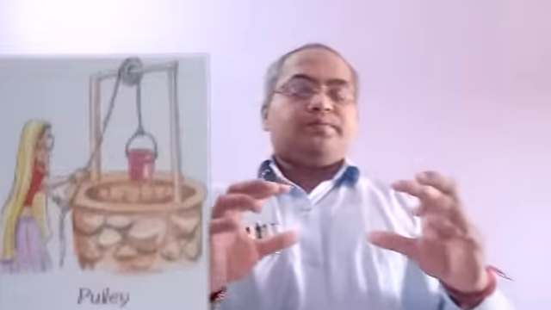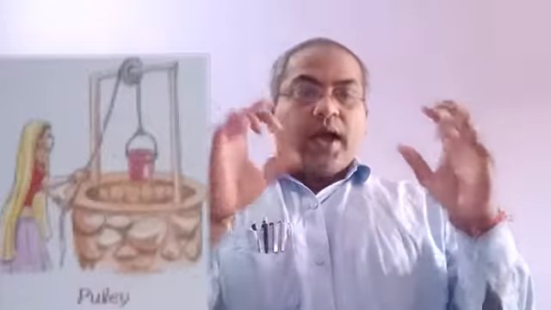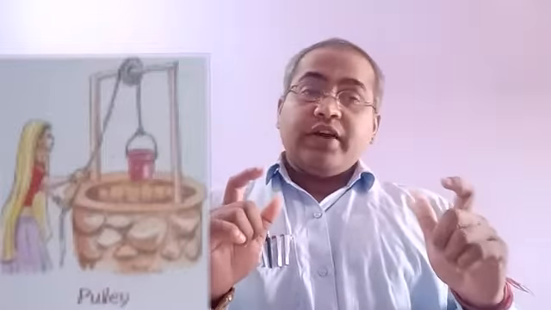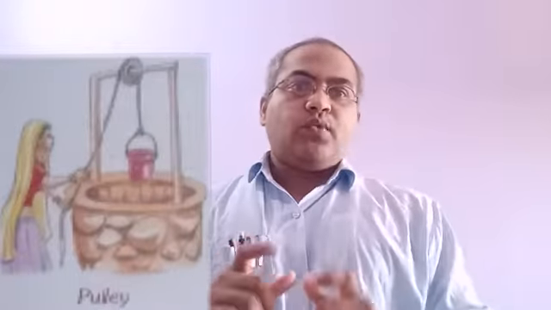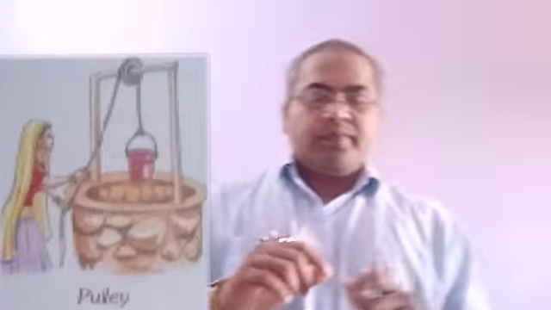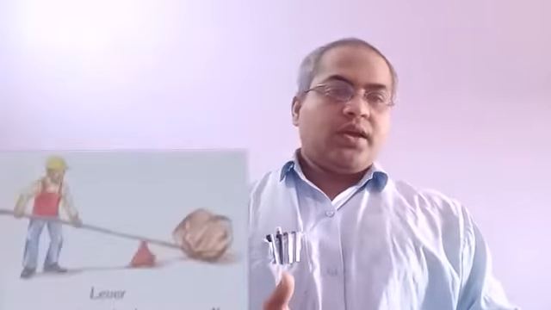Next comes the lever. A lever is a rigid bar which is fixed at one point, that is called the fulcrum, and it is used to lift weights or cut things.